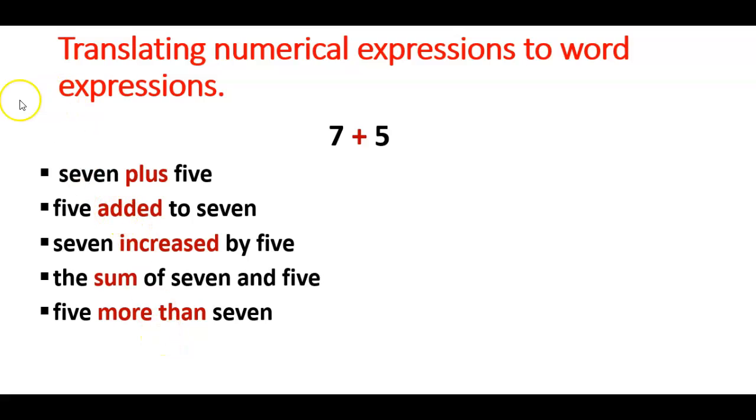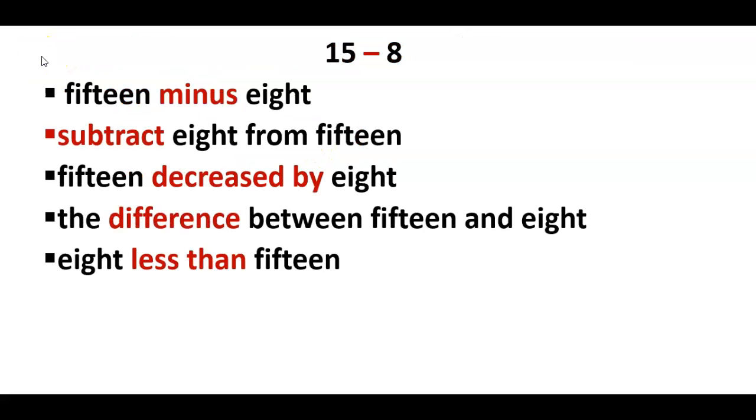Okay, now how about for subtraction? Let's try. Over here, I have 15, the operational symbol for subtraction, and 8. And in the previous slide, I discussed with you the different words for subtraction. Now, if we use the word minus, we don't change the order of the numbers: 15 minus 8.